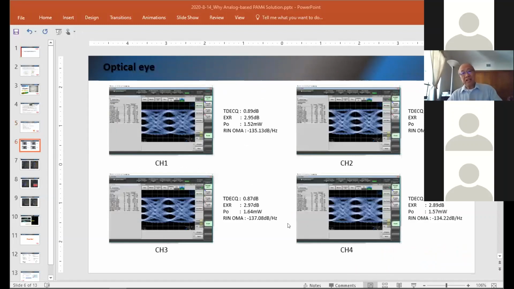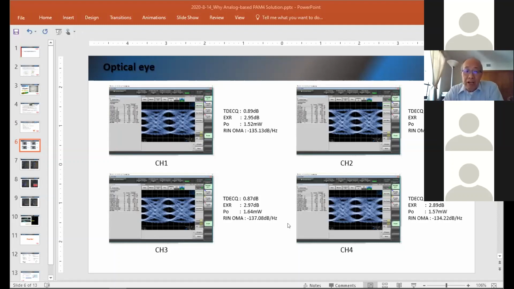So the first slide of the test results shows you the eye. People working on 400G are familiar with this type of eye. It's called theta Q. You can see the theta Q is 0.9 dB or so. To give you a comparison, for 400G DSP theta Q, the spec is 3.5 dB.